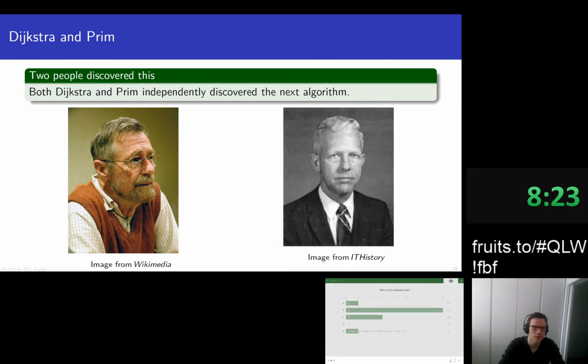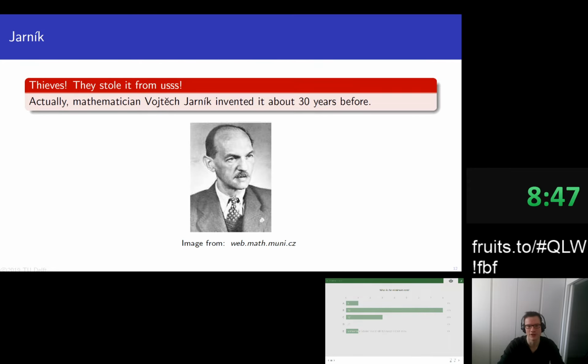Now, two people independently discovered an algorithm that uses this property to build a minimum spanning tree. Someone we talked about yesterday, called Dijkstra, and someone new called Prim. However, something that is often overlooked, unfortunately, is that both of these actually rediscovered an algorithm that was discovered earlier by the mathematician, no idea how to pronounce this, sorry, Jarnik, who invented it about 30 years earlier.